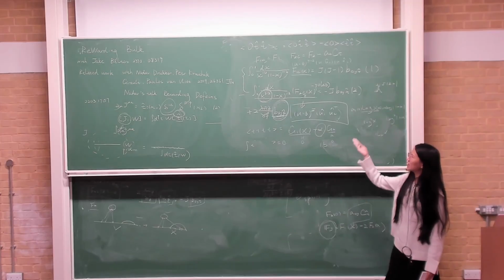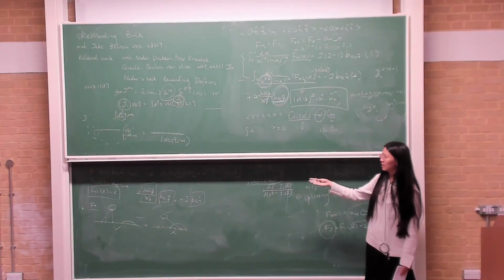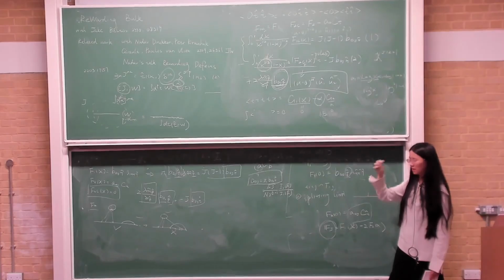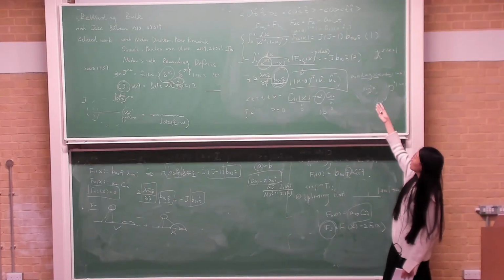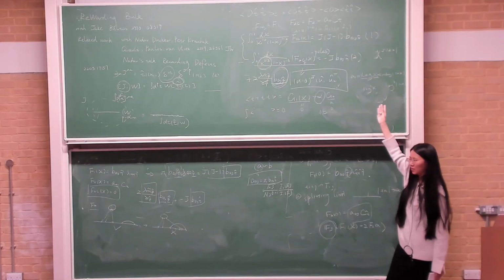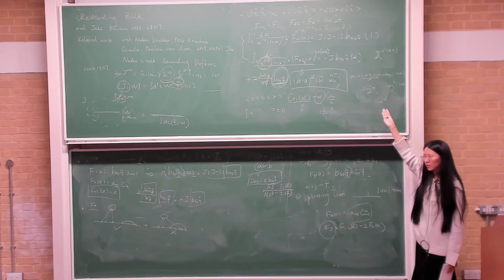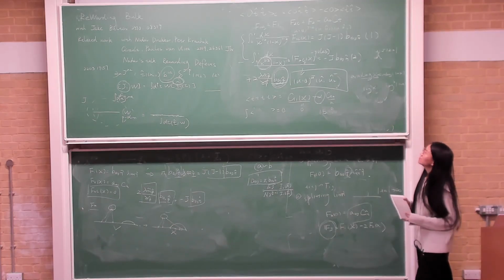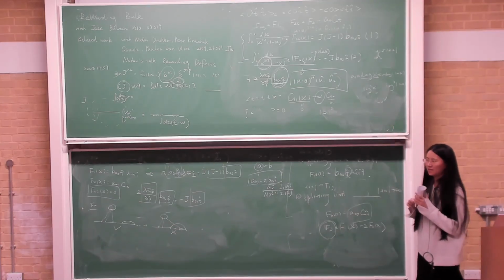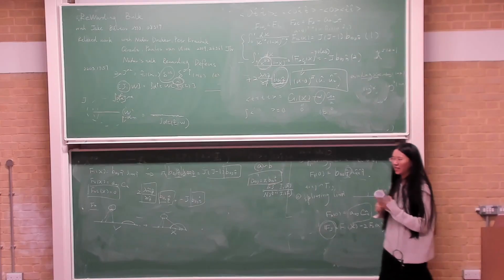We can really get much useful data out of this approach. And if you are interested in the bootstrap, these are also very useful constraints. Yeah, that's all for my talk today. Thank you.